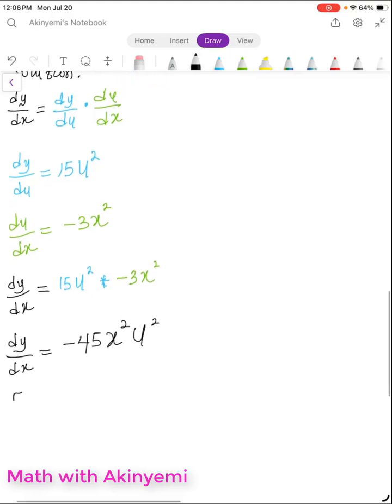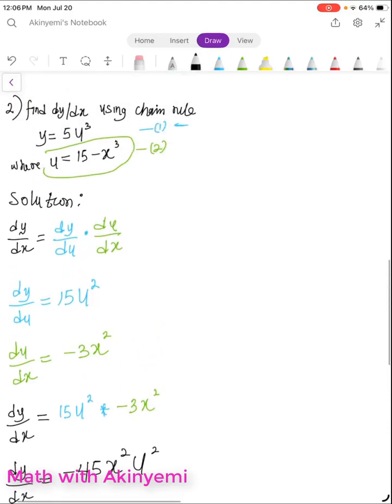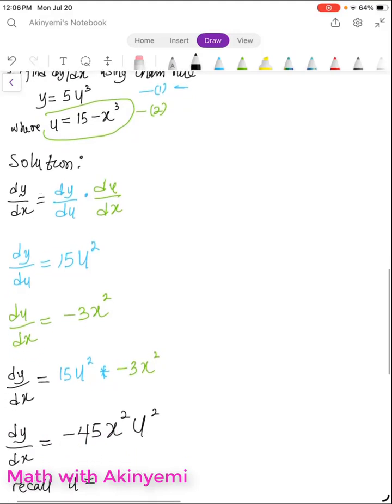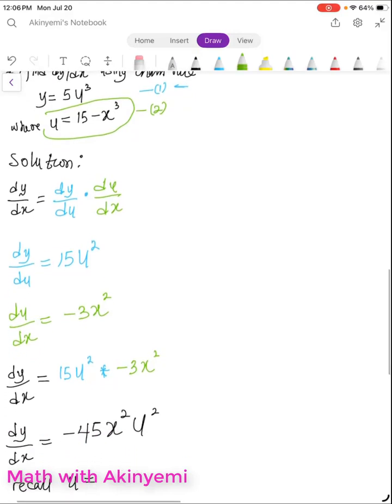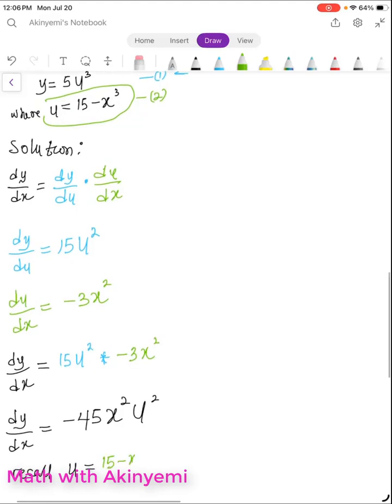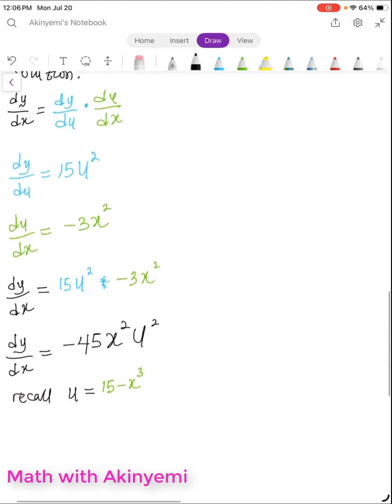Recall that u equals 15 minus x raised to power 3. That is our u, right? Therefore, dy over dx is equal to minus 45 x square into bracket 15 minus x raised to power 3 close bracket square.